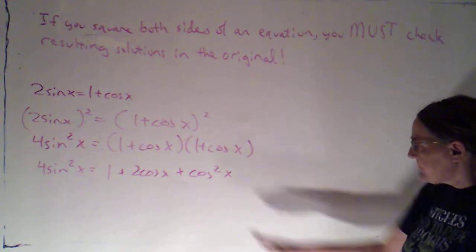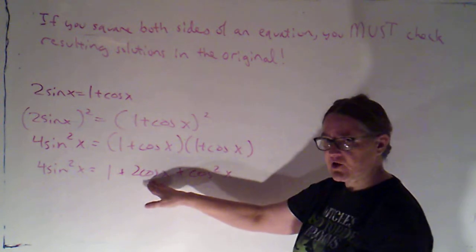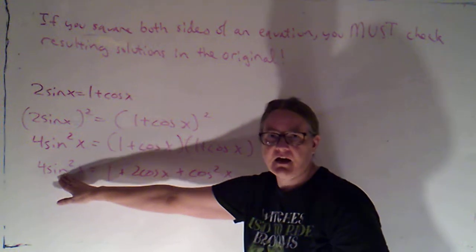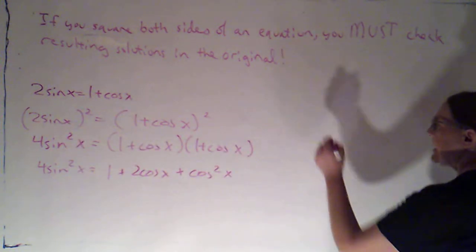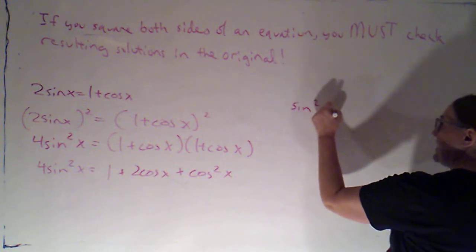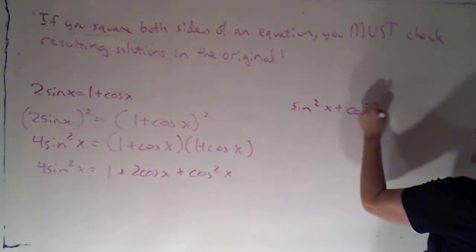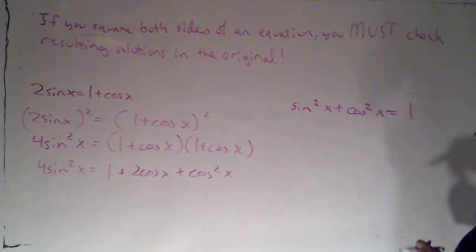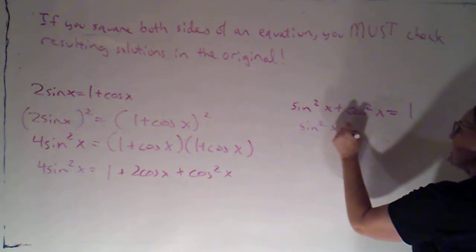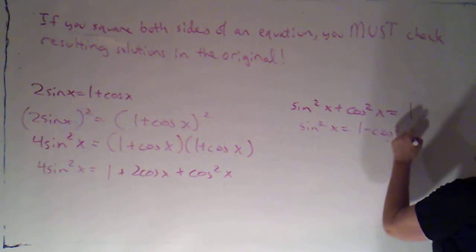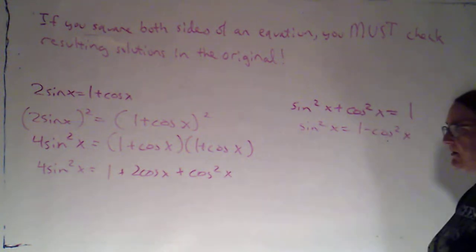Now if I take a look, I've got cosine squareds and cosines, but I only have sine squareds. So that's the one I'm going to try to get rid of. And I'm just going to use my Pythagorean identity. I know that sine squared x plus cosine squared x is 1. So that means that I can replace sine squared with 1 minus cosine squared.